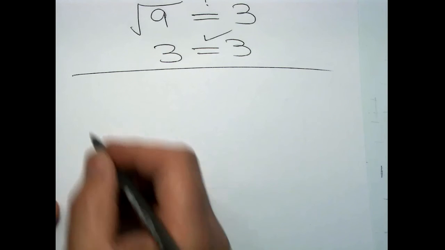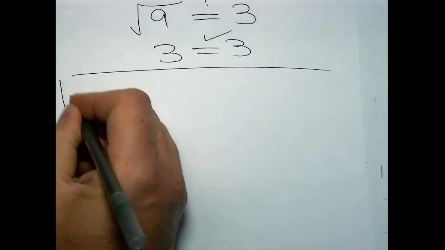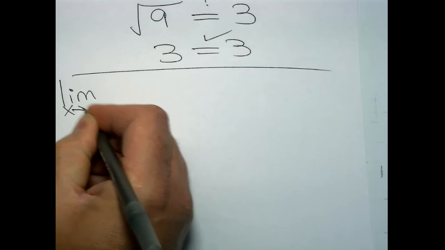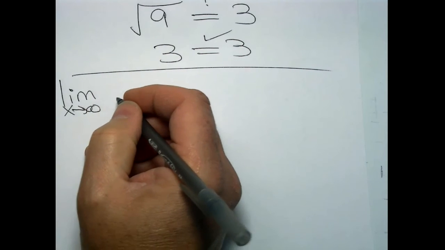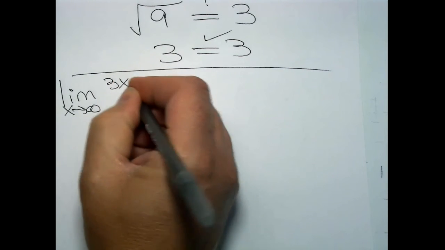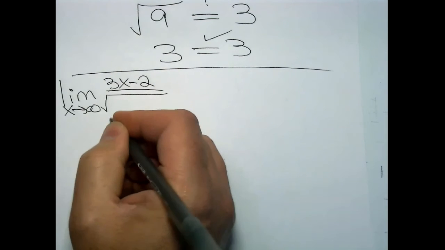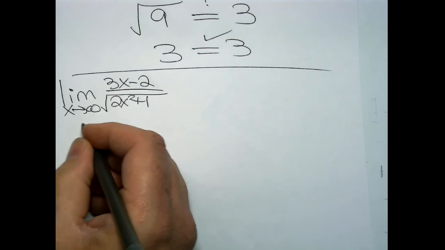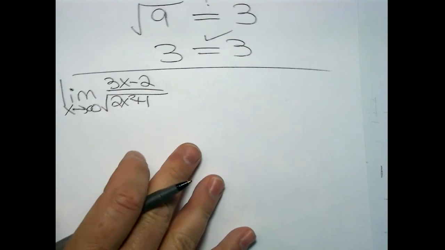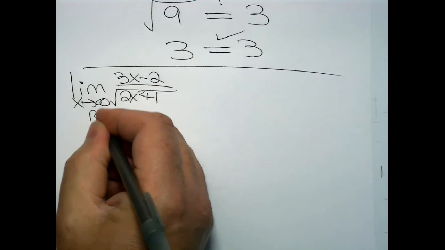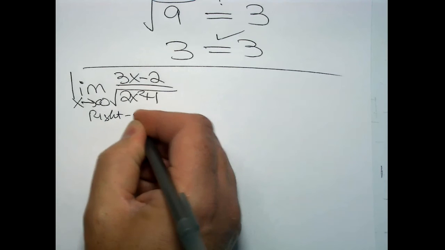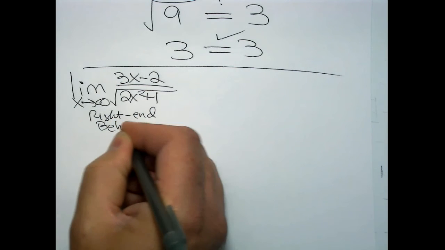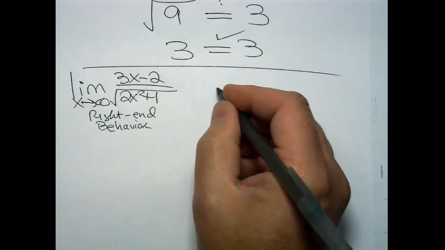So here's what we're going to do. I'm going to do two limits. This one, which will help us learn what the end behavior to the right is for that particular function. And then let's also do this one.